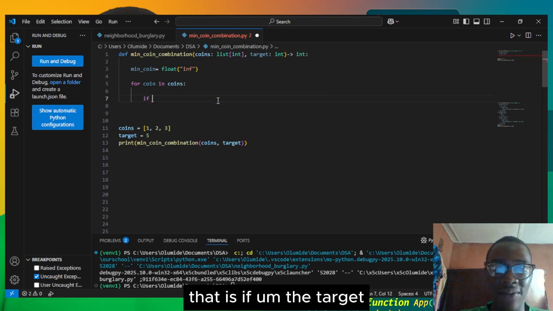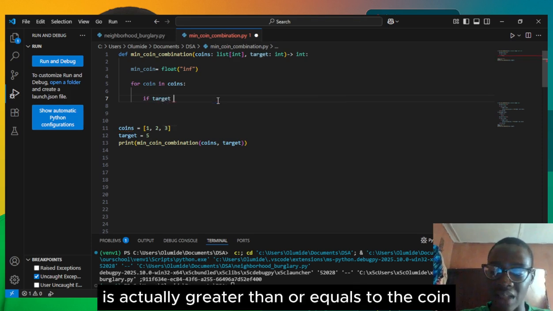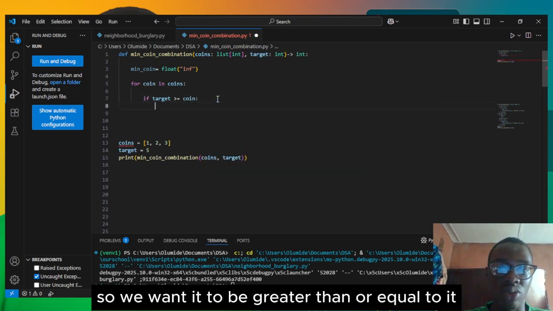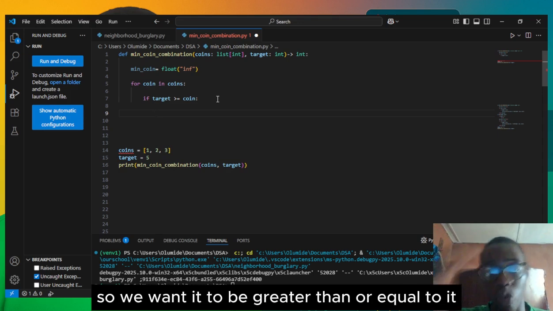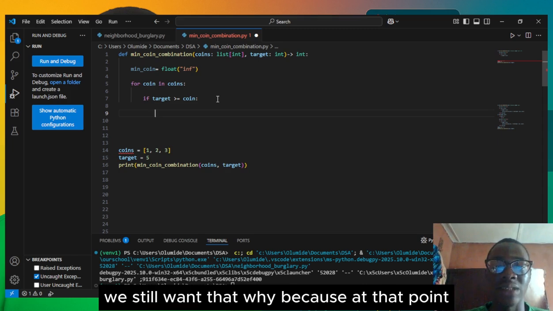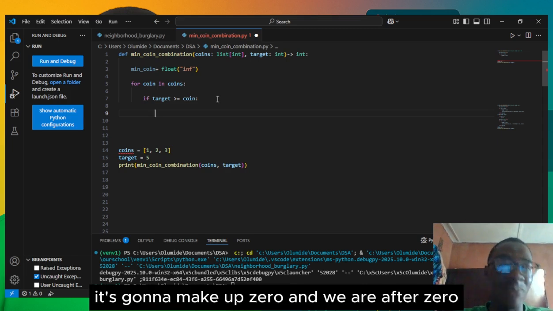That is if the target is actually greater than or equal to the coin. We don't want a scenario whereby we'll be dealing with minus, right? So we want it to be greater than or equal to it. So don't forget, if it's equal to it, we still want that. Why? Because at that point it's gonna make up 0, and we are after 0 in fact.